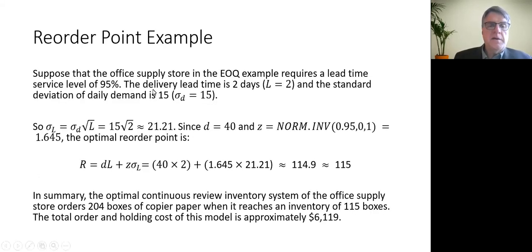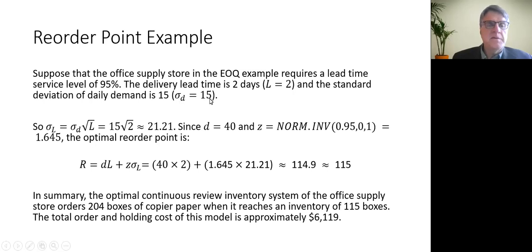So let's see this at work. We had an office supply store example for our work with EOQ. We're going to require a lead time service level of 95% in our calculations. We're saying that it takes 2 days to receive the paper once we've placed the order. So L is equal to 2. And then the standard deviation of daily demand is 15 boxes of paper.